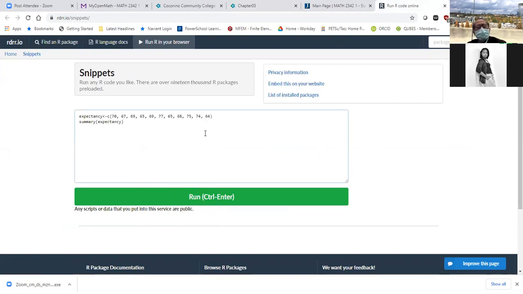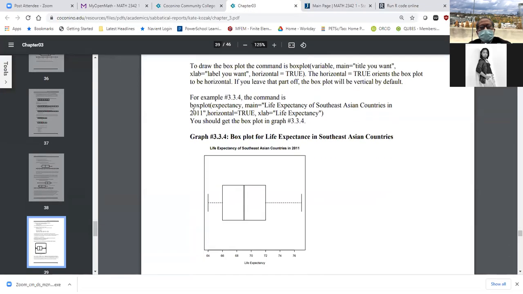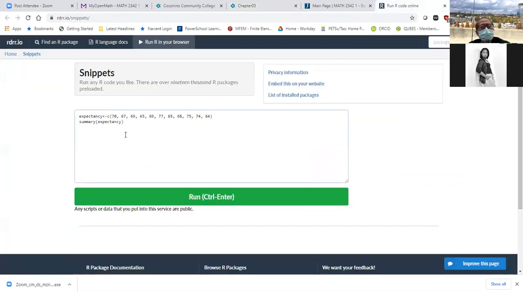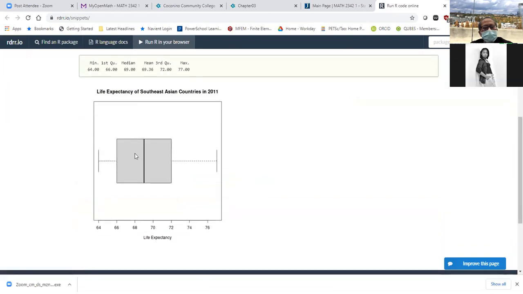And then you need to copy this one and put it here. We need to put it together, and you run it. It will give you the same picture.